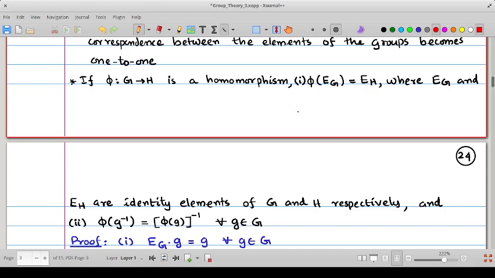Under the homomorphism phi, the identity of the group G gets mapped to the identity of the group H. So phi is a mapping from G to H, and the identity here, which is e_G, gets mapped to e_H, the identity in group H.